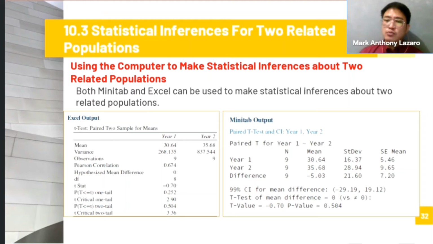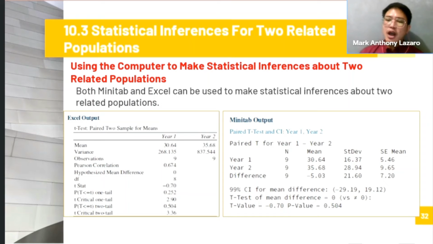The Minitab output contains summary data for each sample and the difference of the two samples, along with a confidence interval of the difference, a restating of the tested hypothesis, the observed t-value, and the p-value. Because the p-value of 0.504 is greater than alpha of 0.01, the decision is to fail to reject the null hypothesis.